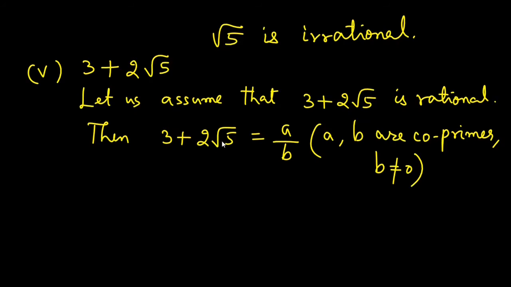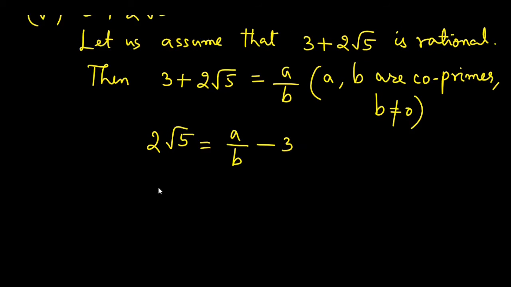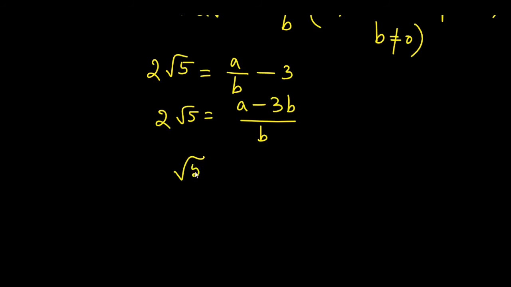Now let us keep root 5 on one side and take the other numbers on the other side. 2 root 5 is equal to a by b minus 3. So 2 root 5 is equal to a minus 3b by b. So root 5 is equal to a minus 3b by 2b.